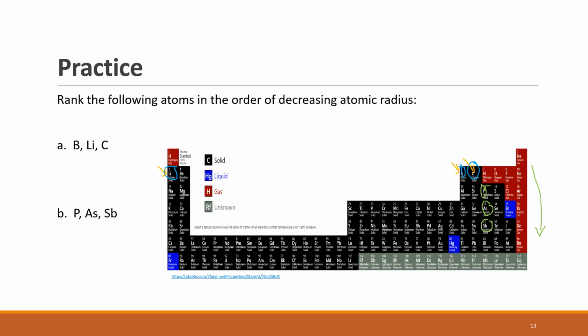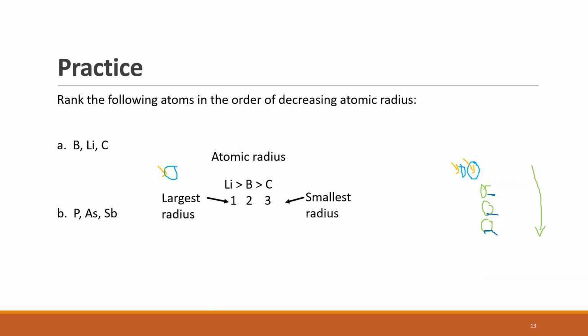We're adding more circles essentially onto that atom. So the largest of these three is going to be antimony because that is the furthest down the group. Then it will be arsenic, and then last but not least, phosphorus. So to sum it up, there are the answers for those two.